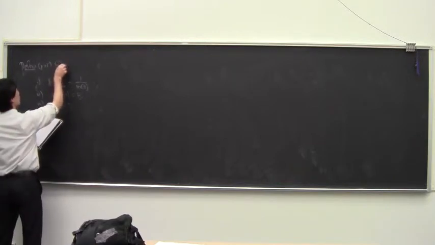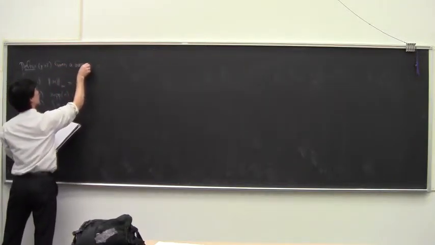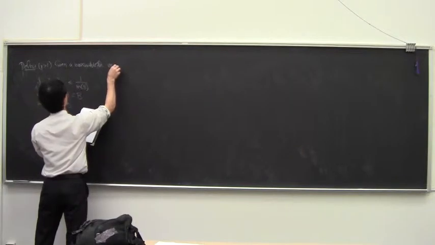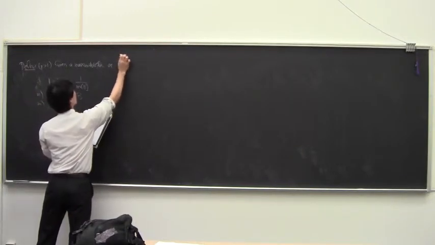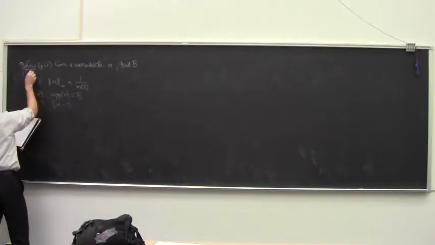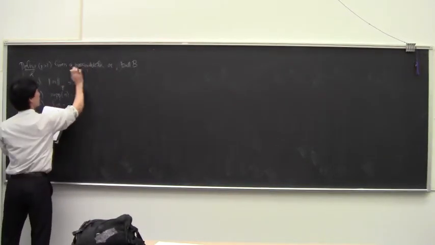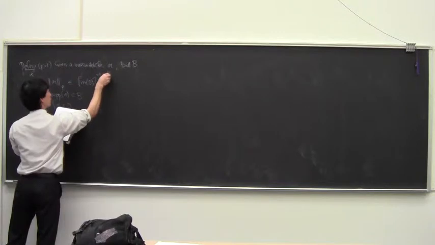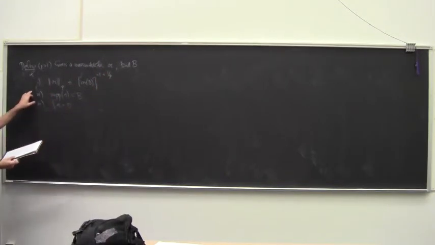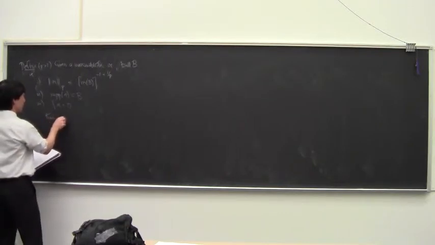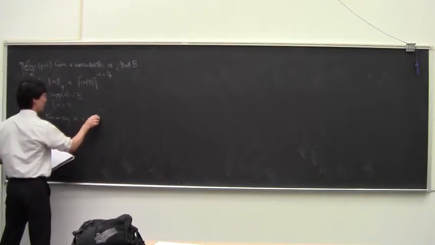So given a measurable function A supported on a ball B, if the LP norm is controlled by the measure of B to the -1 plus 1 over P, and your support is in B and you satisfy the cancellation condition, then we say A is a P atom.